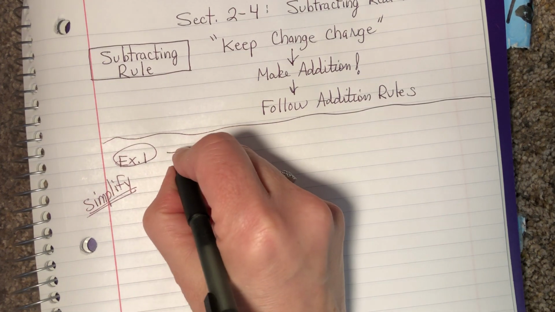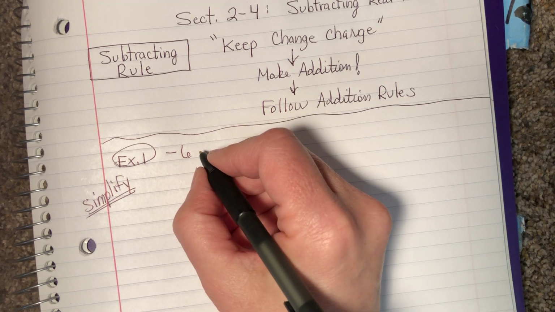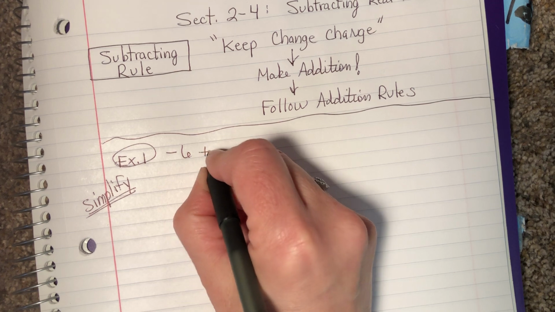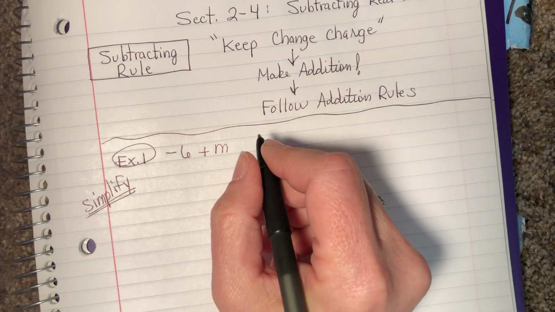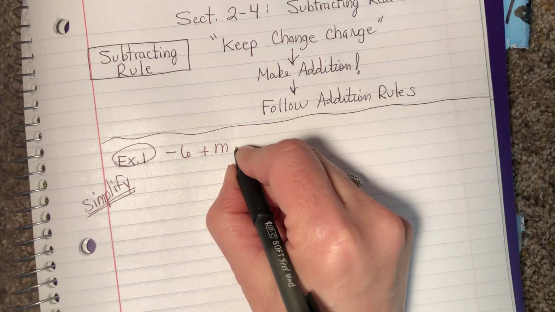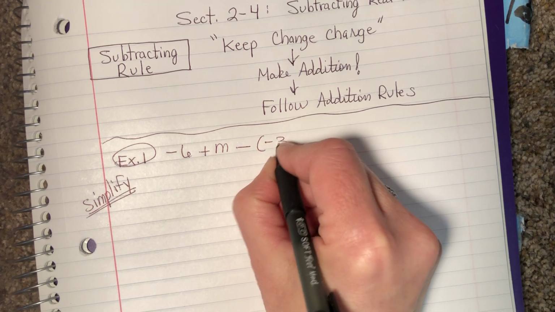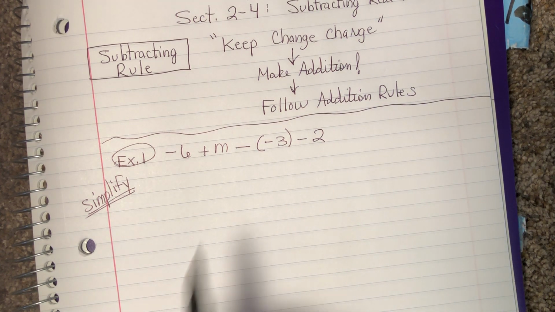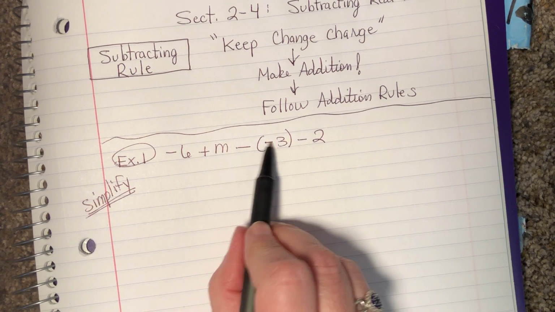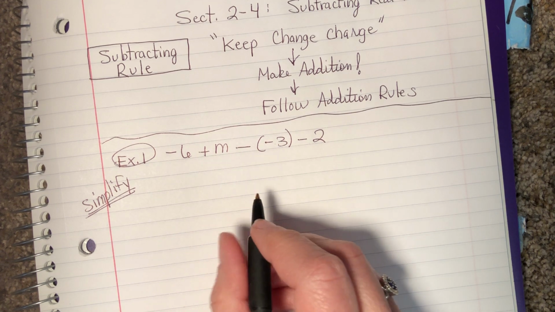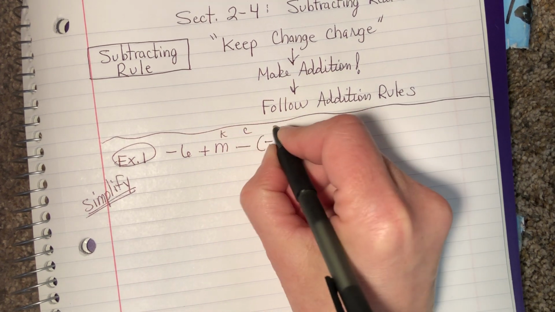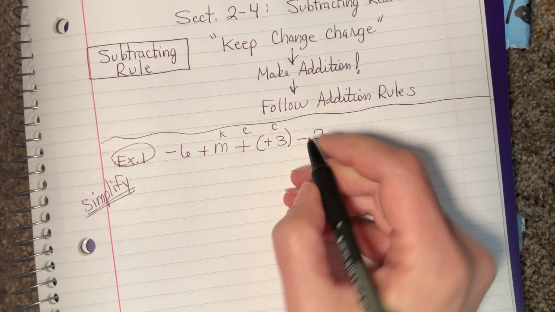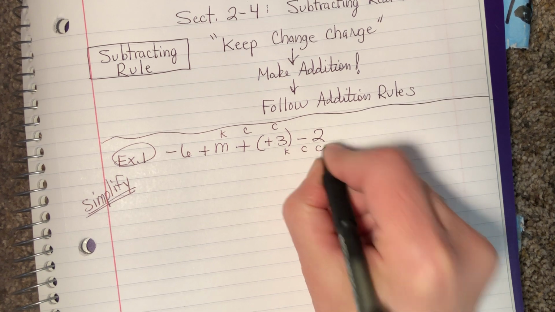So simplify -6 plus m minus -3 minus 2. All right, so where I have subtraction between these terms, I'm going to keep, change, keep, change. And then here as well, I'm going to keep, change.